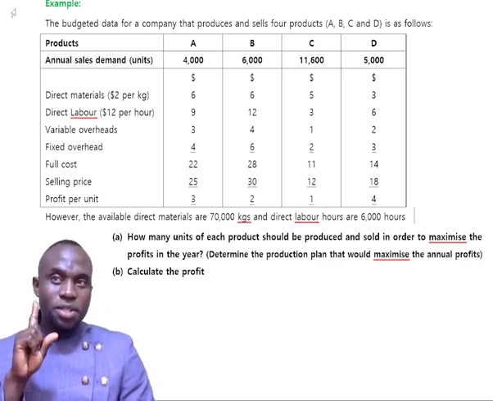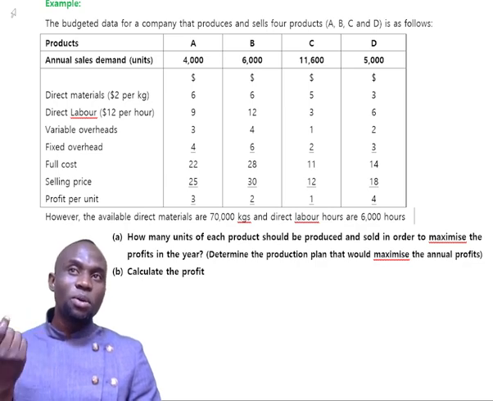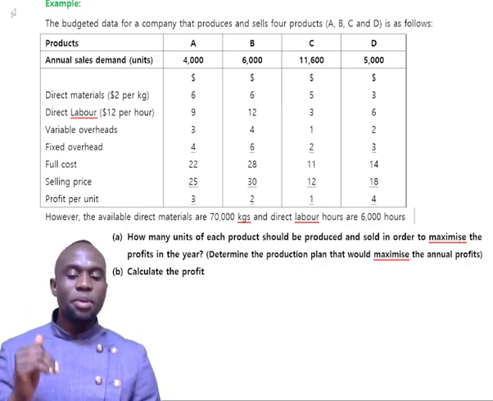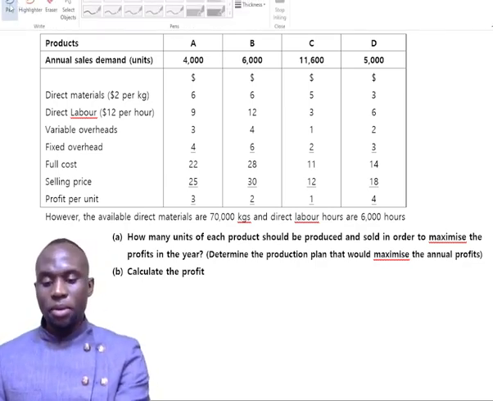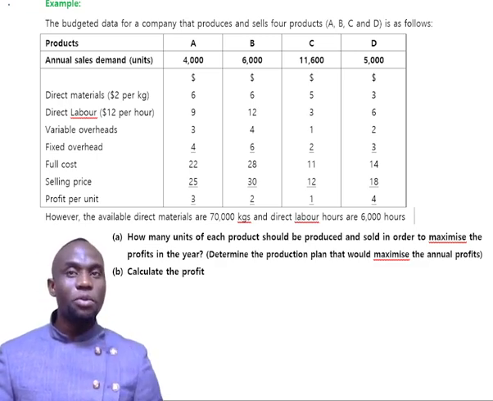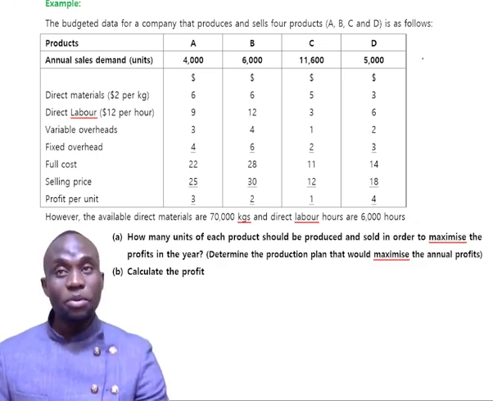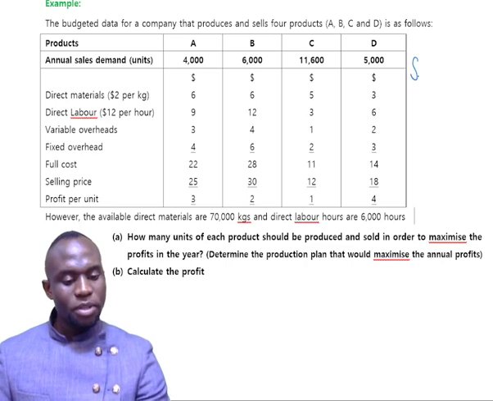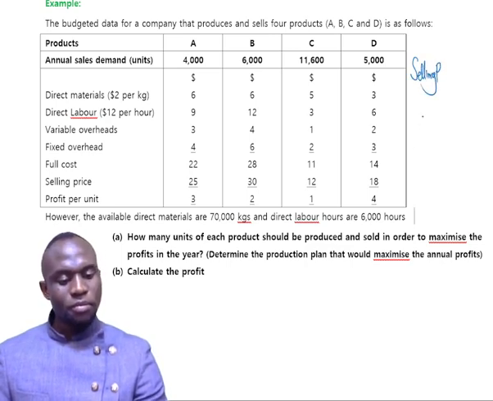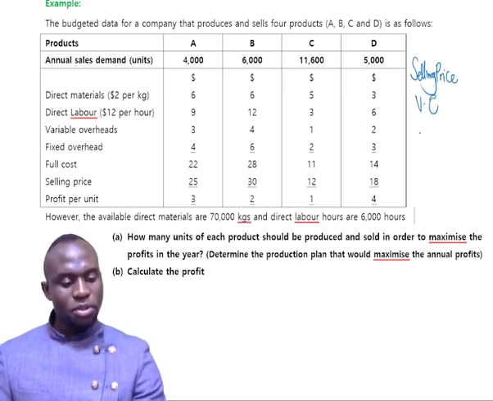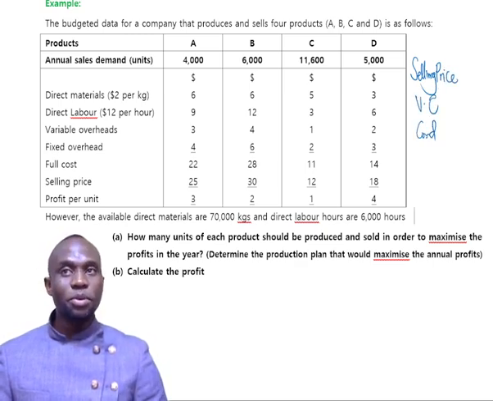Now our aim is simply one. It is to get contribution per limiting factor. And how do we get contribution? Contribution is simply selling price minus the variable cost, we get contribution.